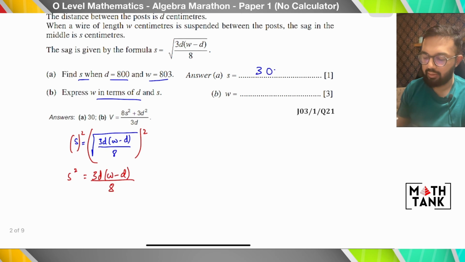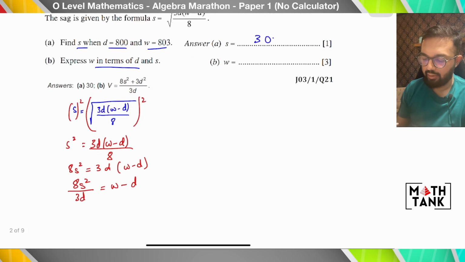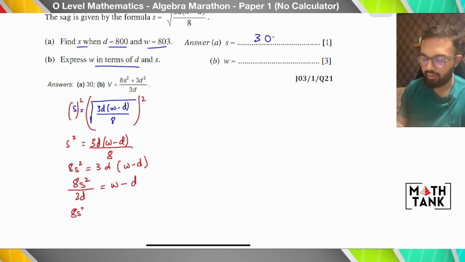Then I see an 8 at the bottom. So I'm going to cross multiply that and say that this becomes 8s squared. I also don't need the 3d, so that comes down in the denominator and I get 3d. And then I can say that 8s squared over 3d plus d equals w.